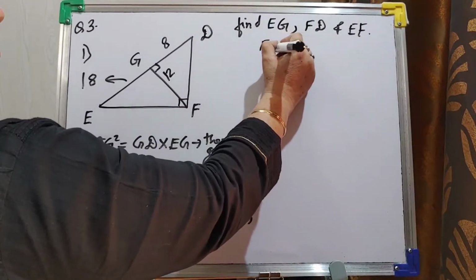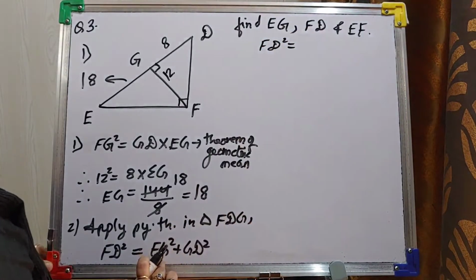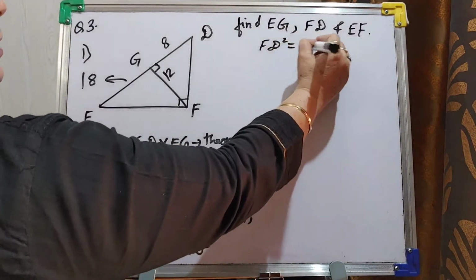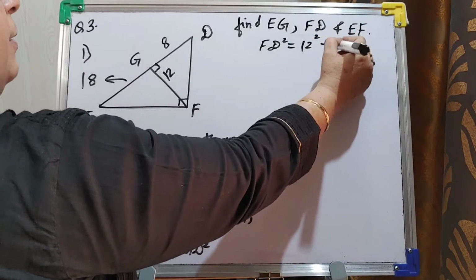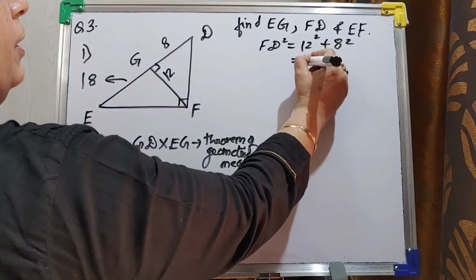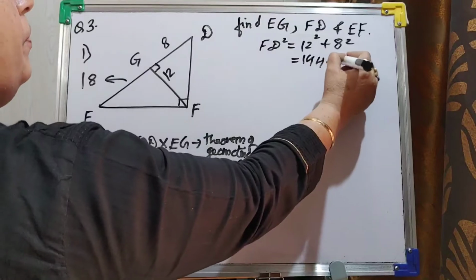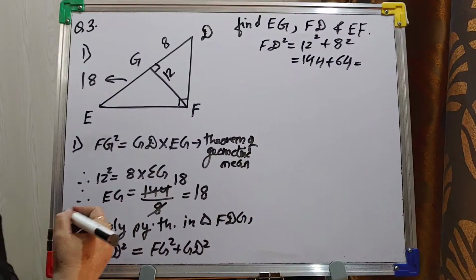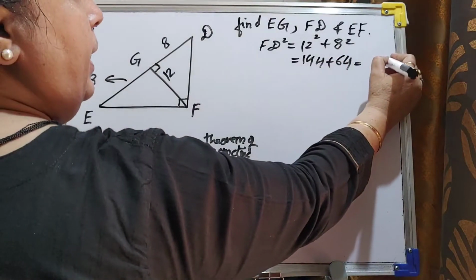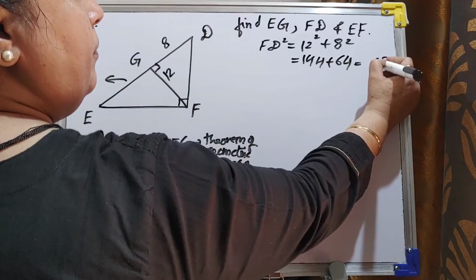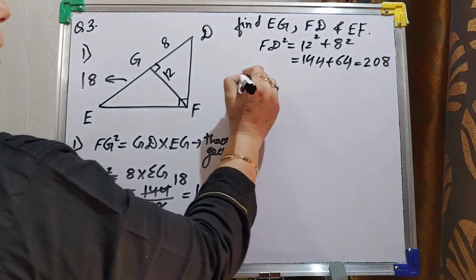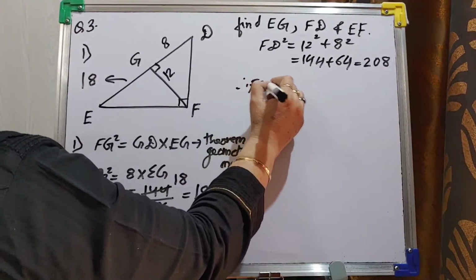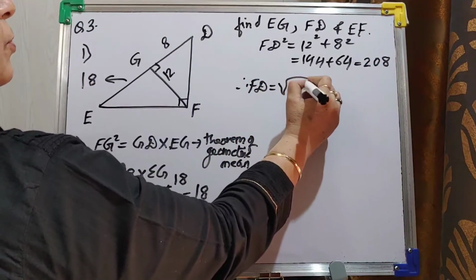FD we don't know. FG is 12. GD is 8. So it will be 144 plus 64. Correct? Now it will be 208. So your FD will be root of 208.